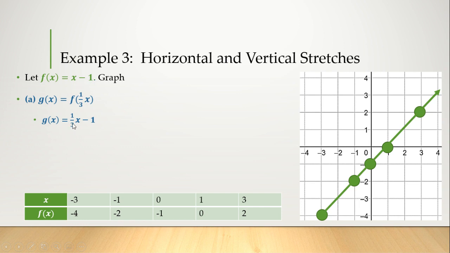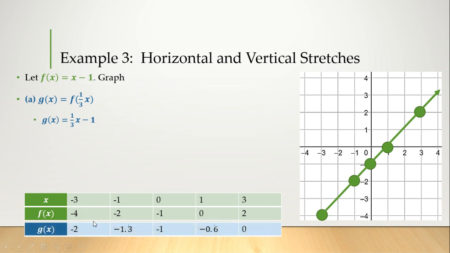Now that we've got our new equation, we can create a table for that. We plug in all the numbers, -3, -1, 0, 1, 3, and we get our outputs, -2, -1.3, -1, -0.6, and 0. Okay, and we can draw our line.